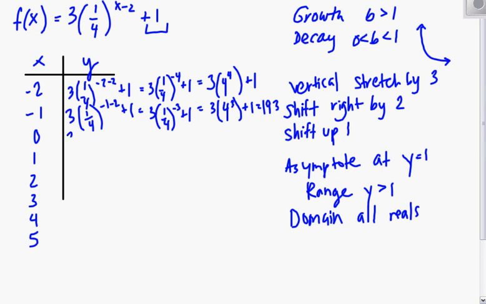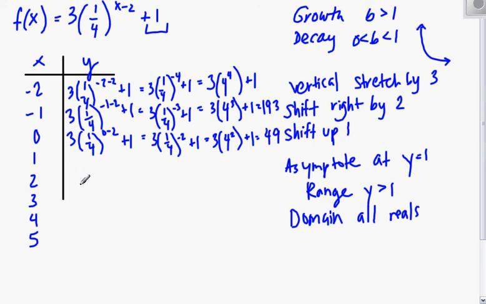And then I have 3 times 1/4 to the 0 minus 2 plus 1, which is 3 times 1/4 to the -2 plus 1. 3 times 4 squared plus 1. Let's see, 16 times 3, which is 48, plus 1 is 49.